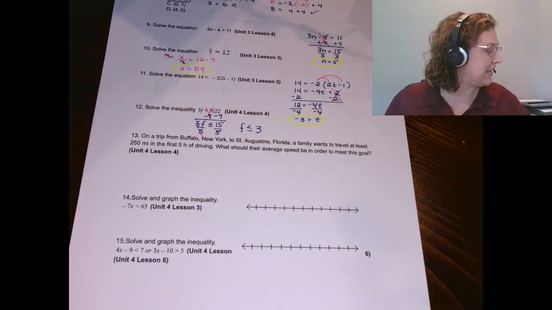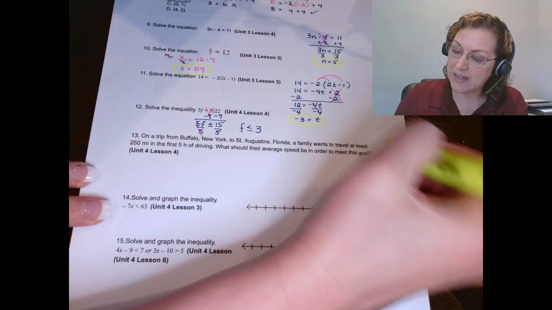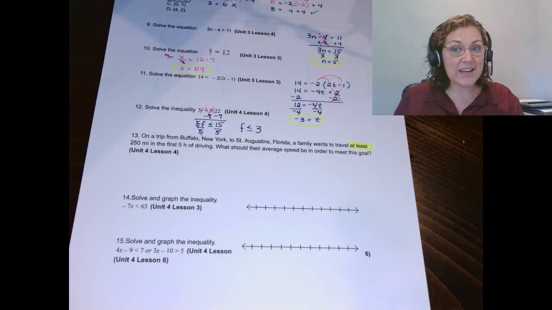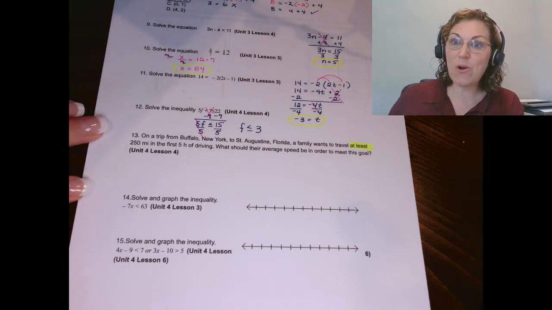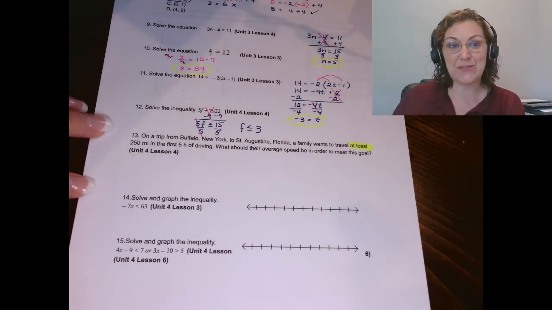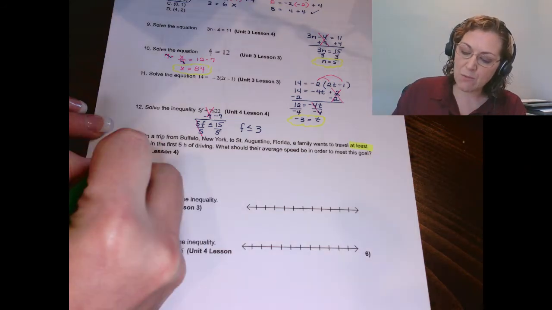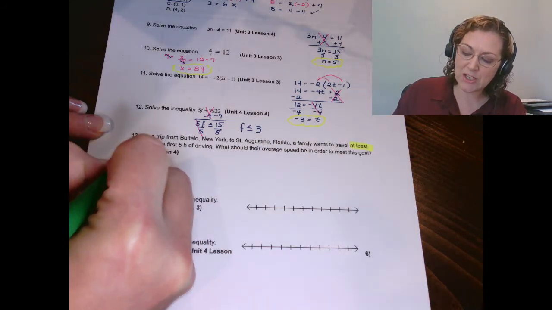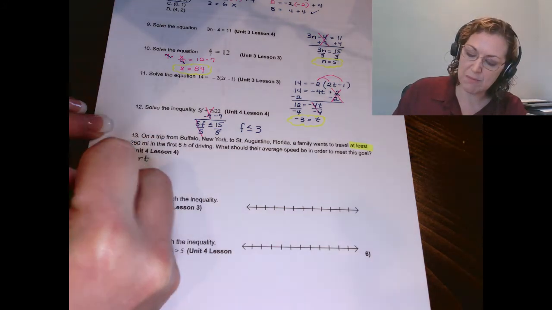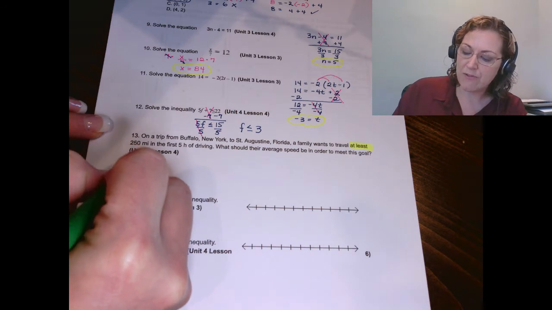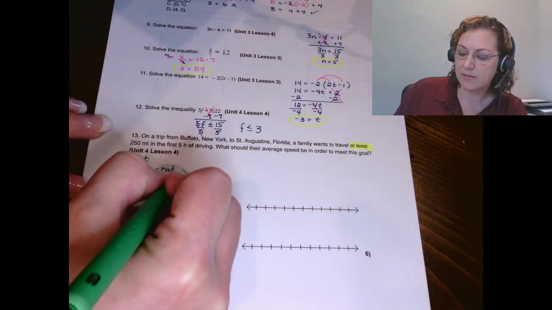And I want you to key in on those words at least, because those are indicating that we're not doing an equation, we're working with an inequality here.